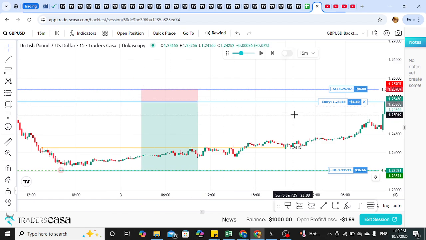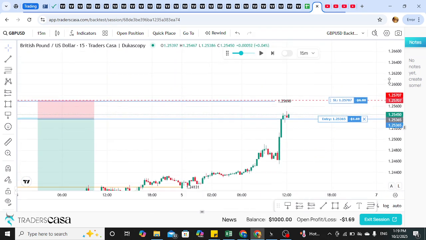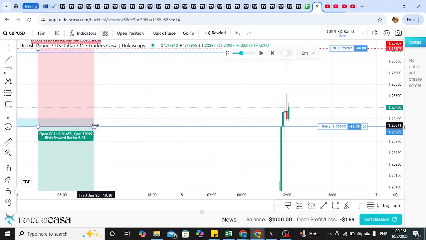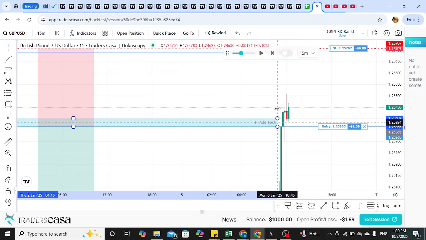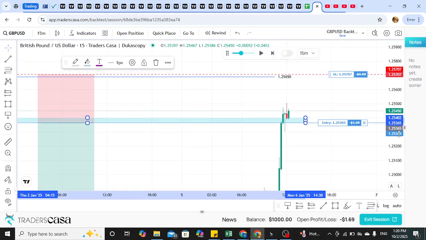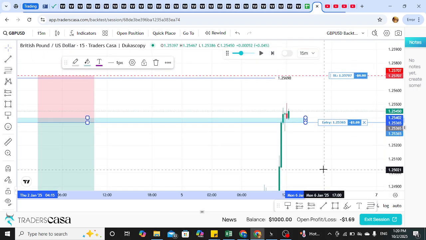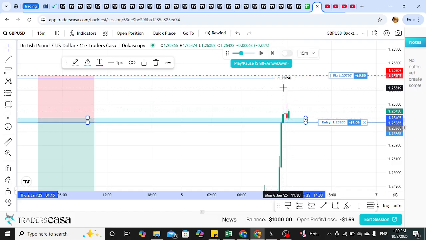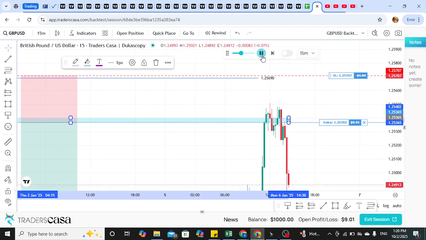But as we can see, this is our order block. It broke the order block, so this is dangerous now. It did not respect the order block. It didn't see it at all.